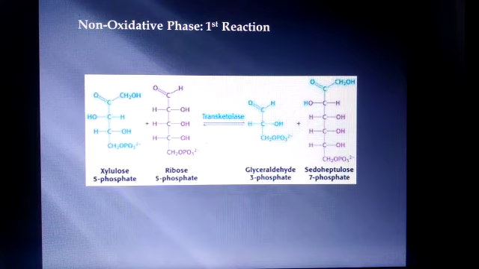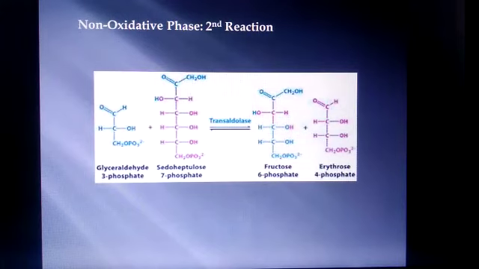Now, xylulose 5-phosphate is produced from ribulose 5-phosphate through epimerization by the enzyme phosphopentose epimerase. We will discuss this later also. Now, glyceraldehyde 3-phosphate and sedoheptulose 7-phosphate react to form fructose 6-phosphate and erythrose 4-phosphate.